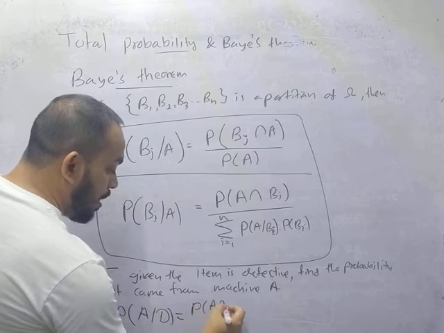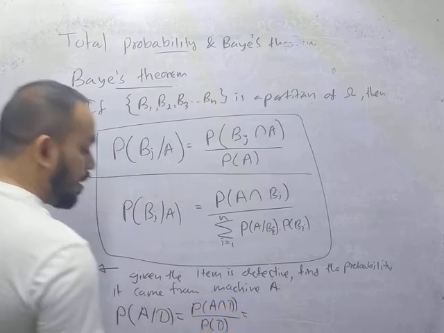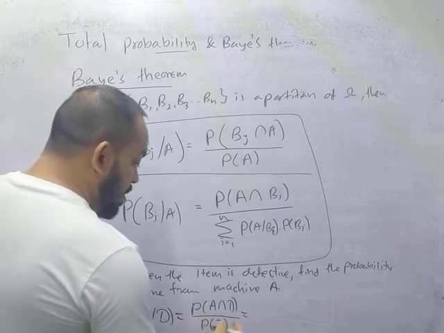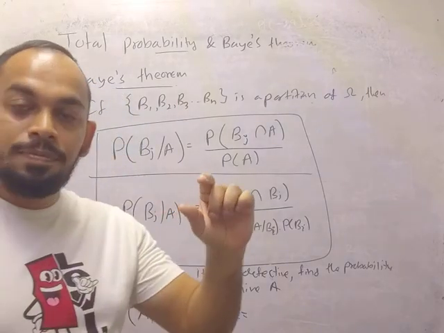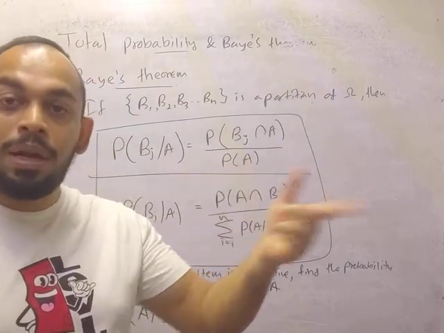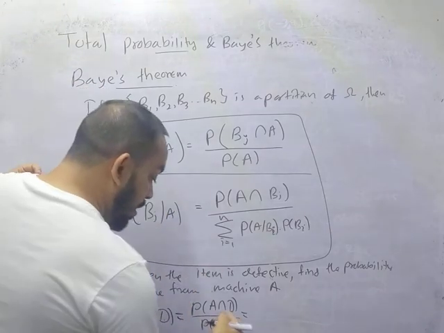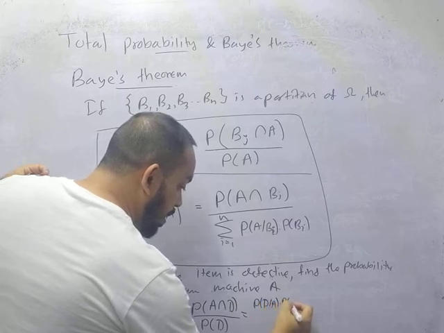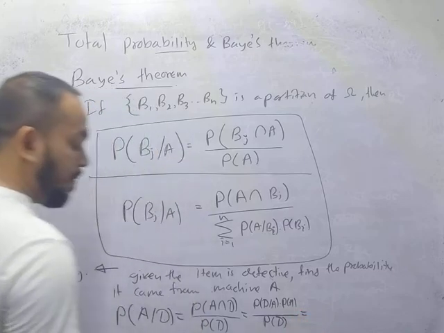This is the probability of A intersection D divided by the probability of D. What is A intersection D? A intersection D අපි ගත්තේ conditional probability multiplied by PA. This is equal to P of D given A into PA divided by PD. So we have everything we need.